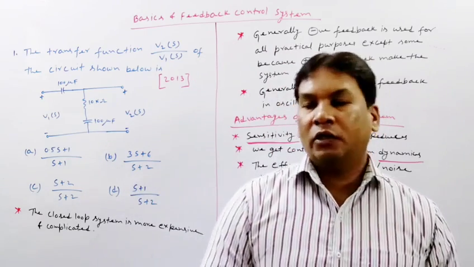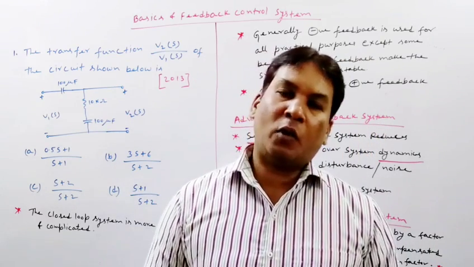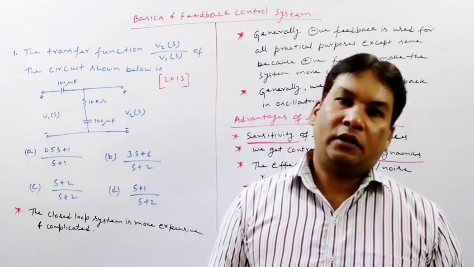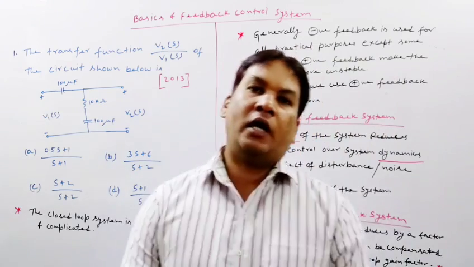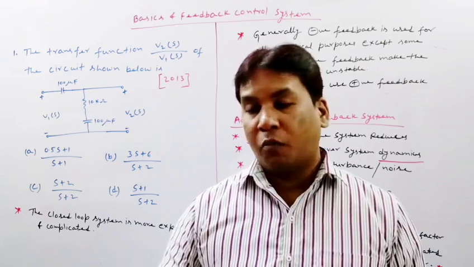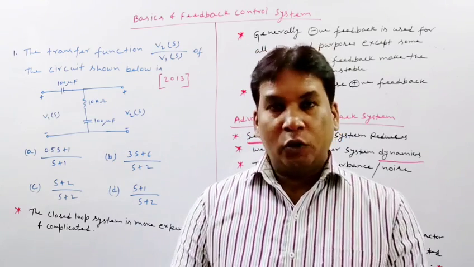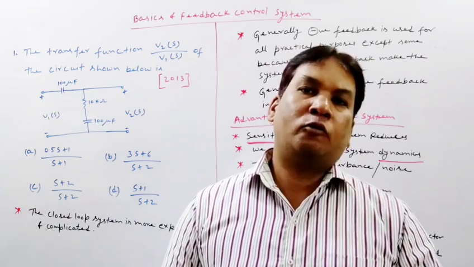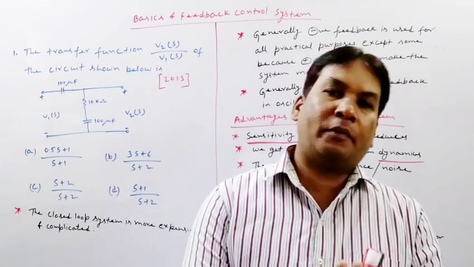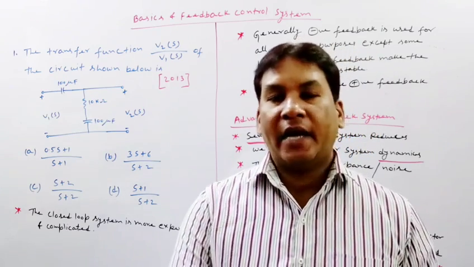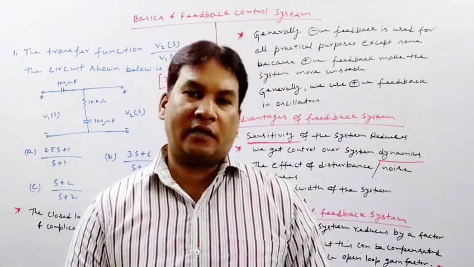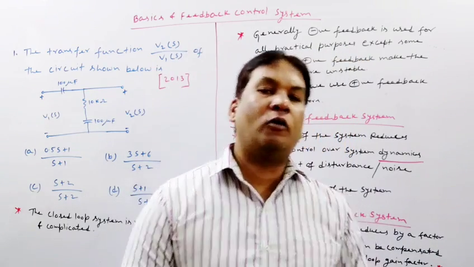Like if you start your bike and you want to drive it at 60 km/h, it will not reach 60 spontaneously. To reach from 0 km/h to 60 km/h, it will take some time, and that time is called the dynamics of the system. You can say transients also. Transients of the system are called dynamics.